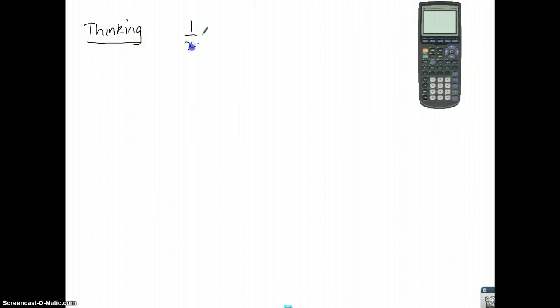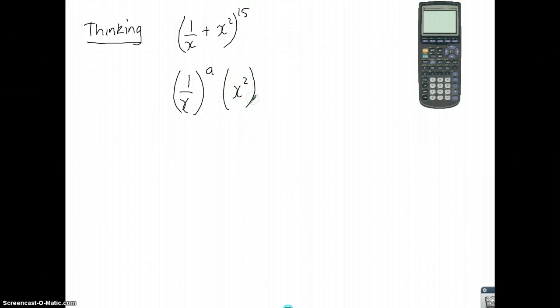We had 1 over x plus x squared to the power 15. If we go back to that idea of understanding we want to get an x to the 0, we have 1 over x to something times x squared to something, and when we multiply those two, we need to get x to the 0, don't we? That's x to the minus 1.